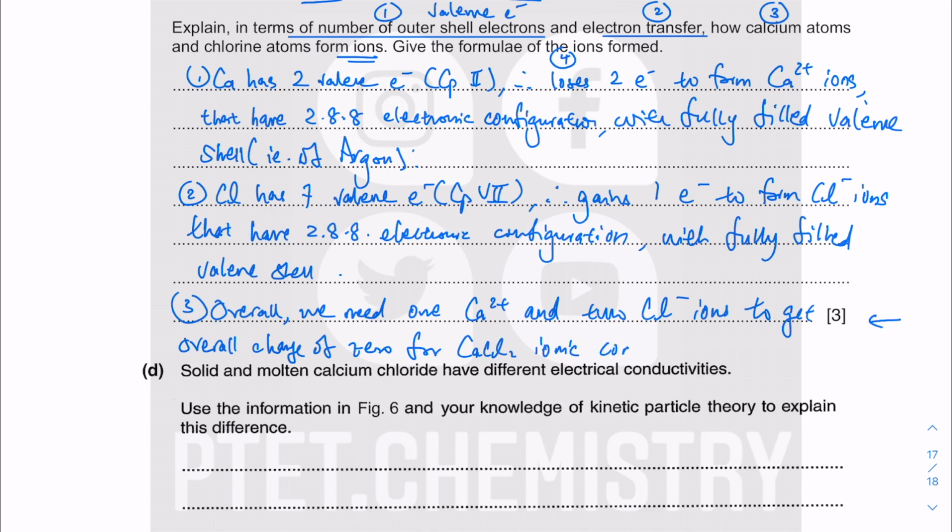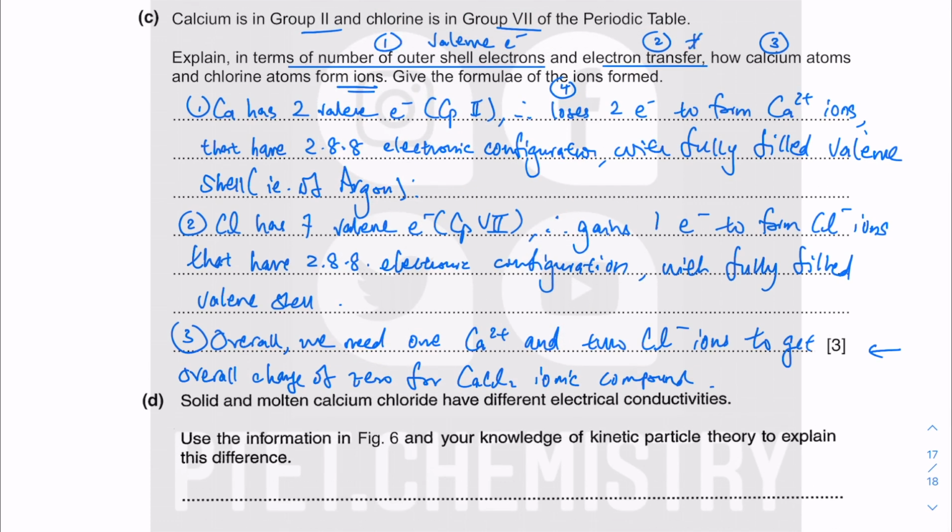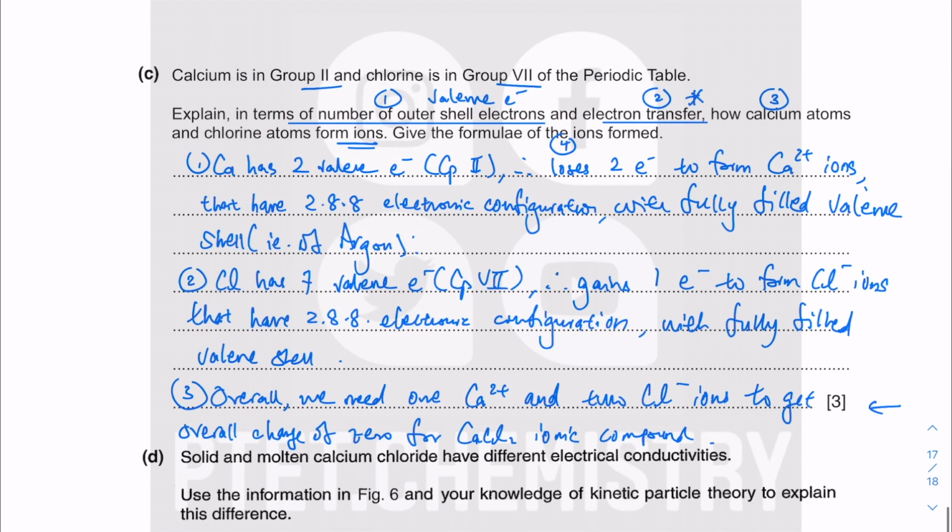Overall, we need 1 calcium 2+ and 2 Cl- ions to get overall charge of 0 for CaCl2 ionic compound. I think there's something that I'm missing. I haven't talked about the electron transfer yet, so I need to really include that. Okay, so the 2 electron loss, 1 goes to each of the chlorine atoms.